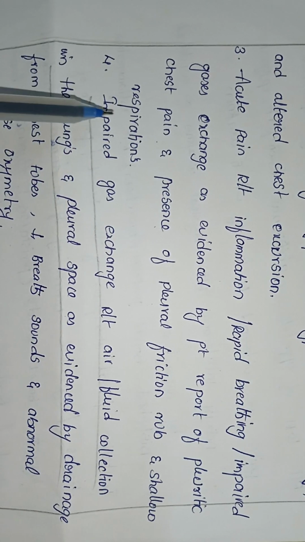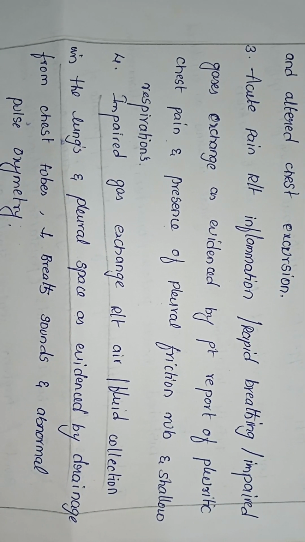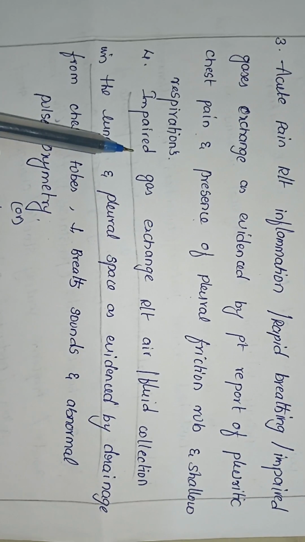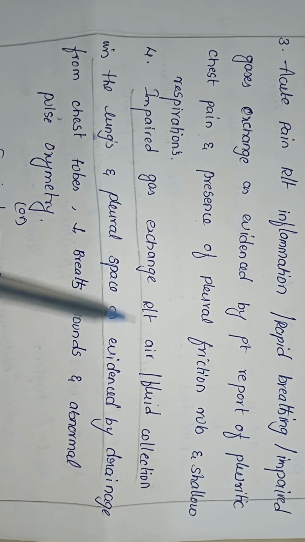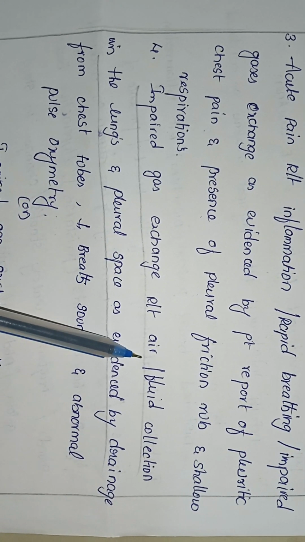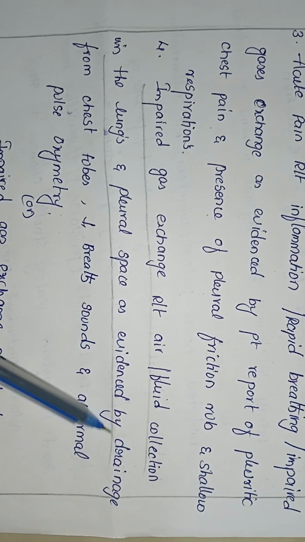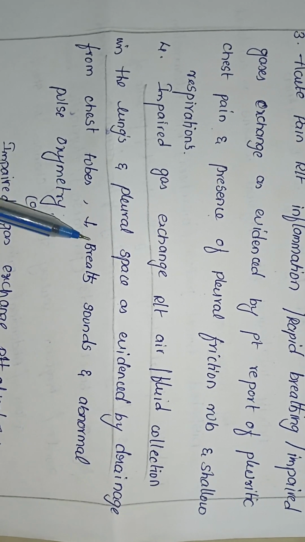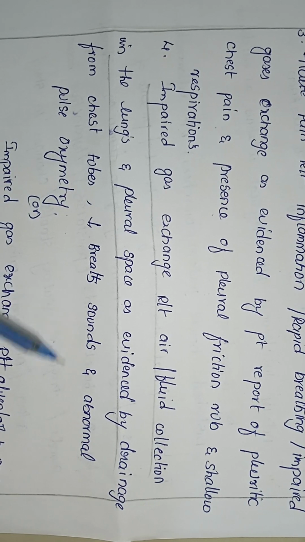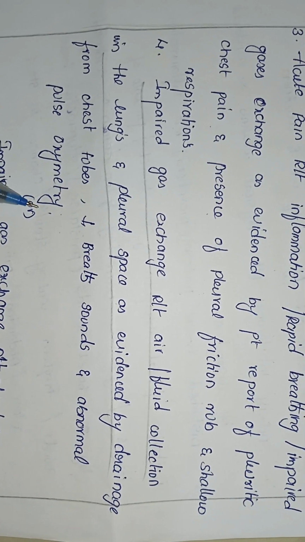And next one, fourth nursing diagnosis for the respiratory system is impaired gas exchange related to air or fluid collection in the lungs and pleural space as evidenced by drainage from the chest tube, decreased breath sounds and abnormal pulse oximetry.